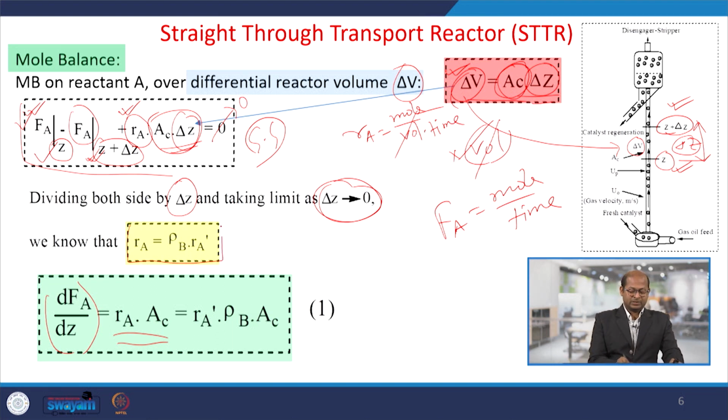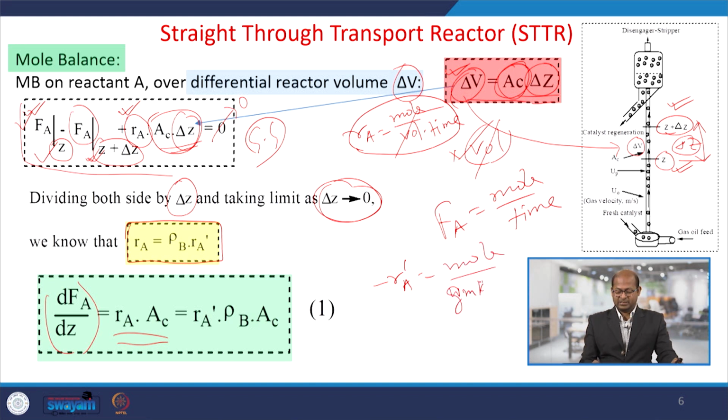Now, RA is the rate of disappearance of reactant A per unit volume, and RA prime is the rate per unit mass, in moles per gram of catalyst per unit time. This is the difference between RA and RA prime.